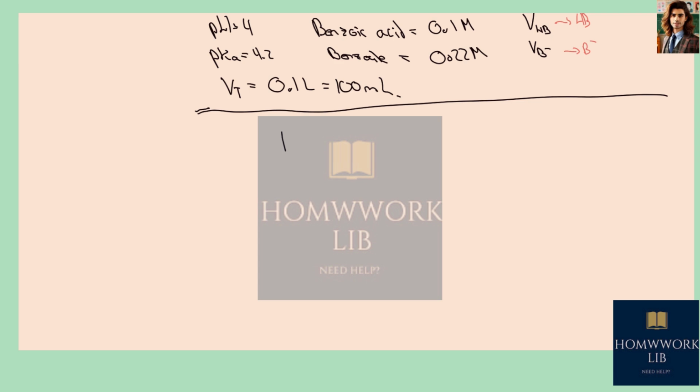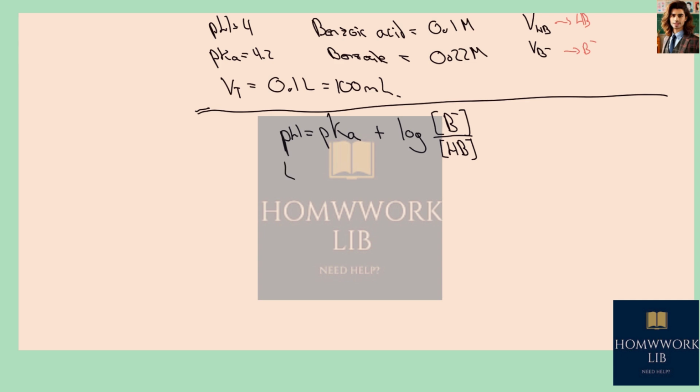So, in this case, we can find the pH for a buffer solution according to the Henderson-Hasselbalch equation, which tells us that pH is equal to pKa plus the logarithm of the concentration of the conjugate base, in this case the benzoate anion, divided by the concentration of the weak acid, which is benzoic acid.